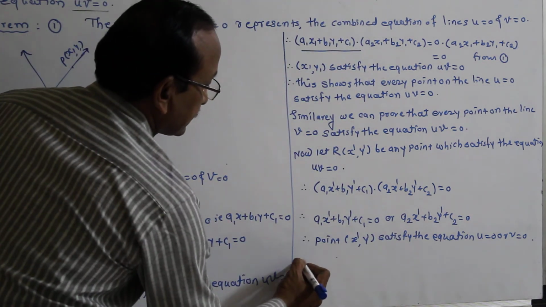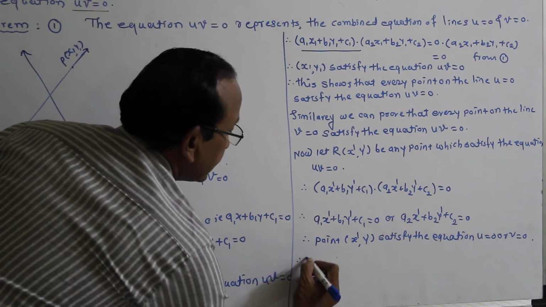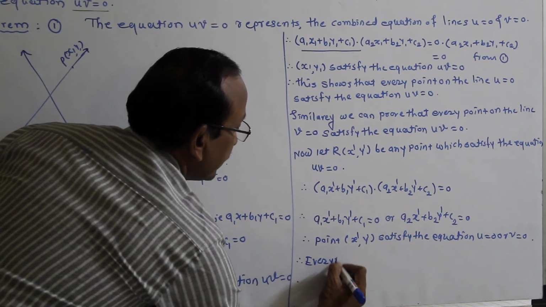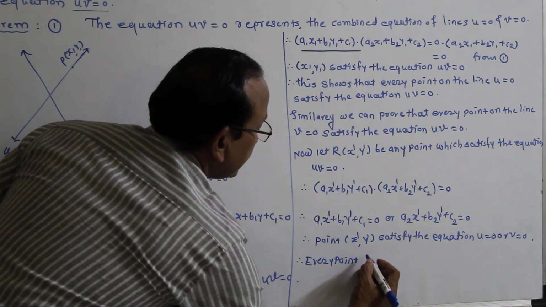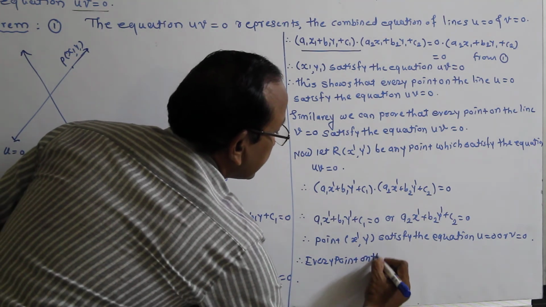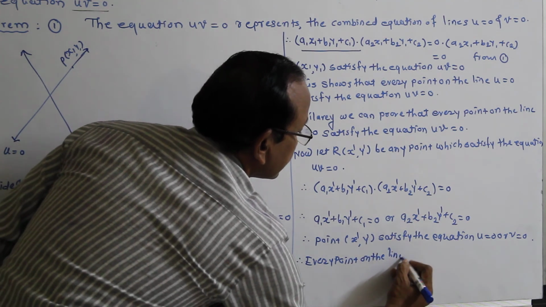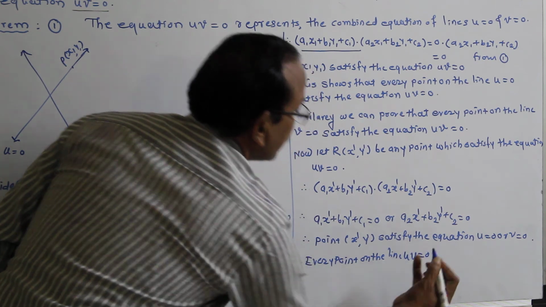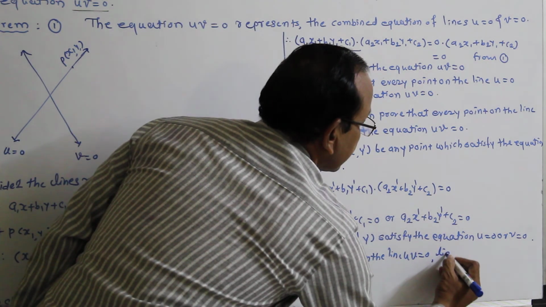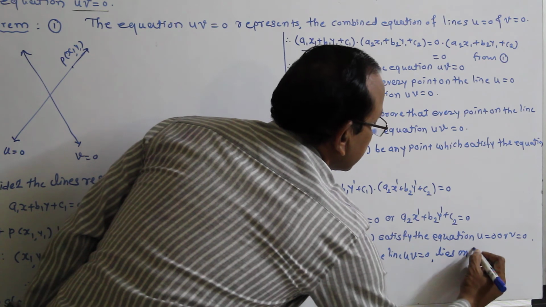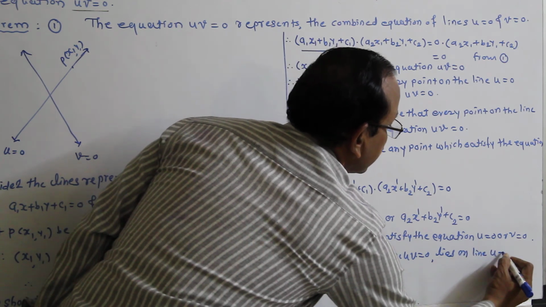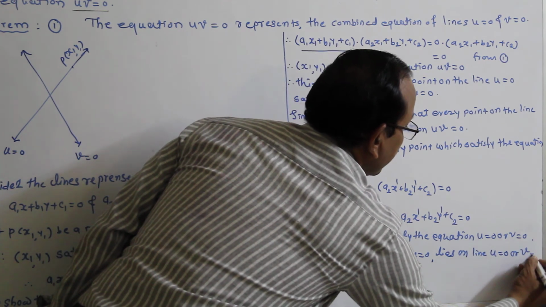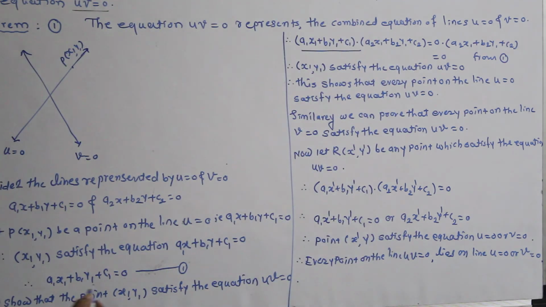So therefore every point on the graph of uv equals 0 lies on the line u equals 0 or v equals 0.